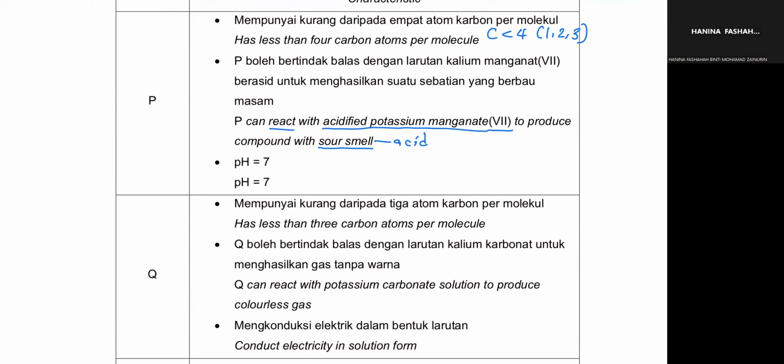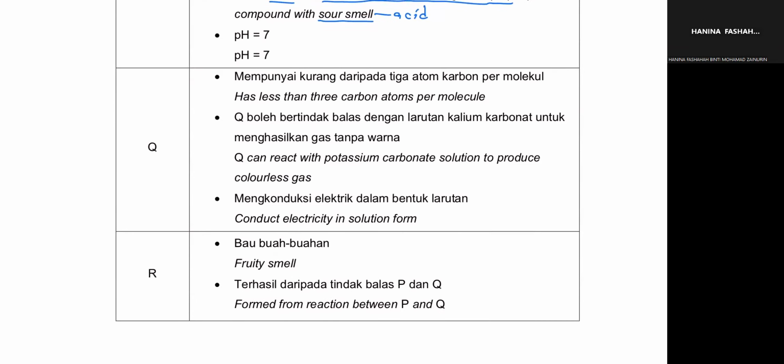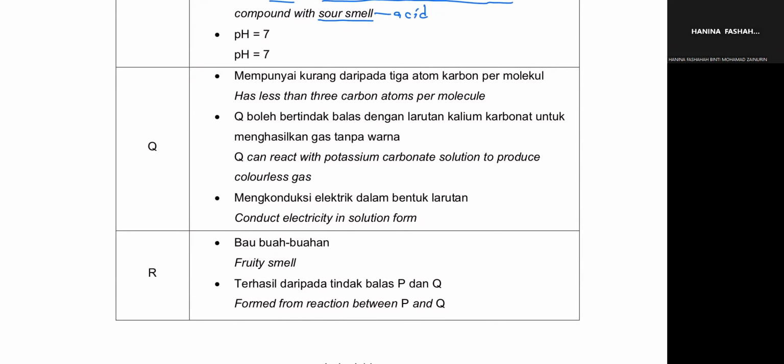So P is alcohol. Remember, alcohol undergoes oxidation, this one is oxidation, and becomes a compound with a sour smell.